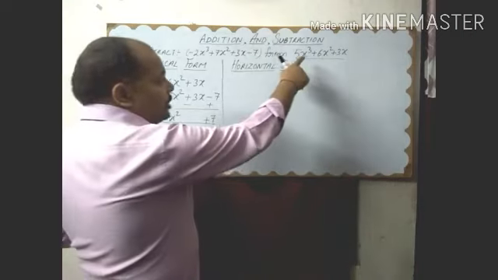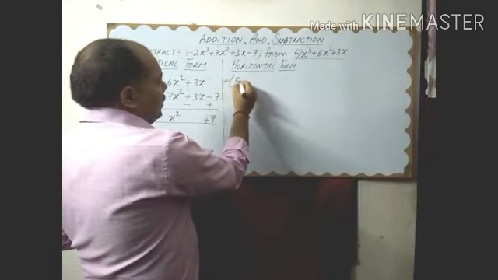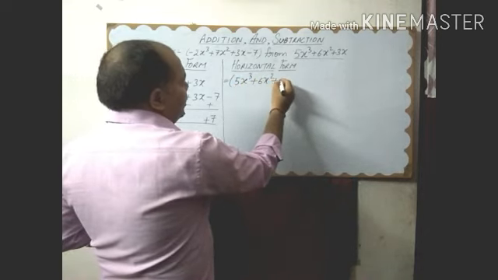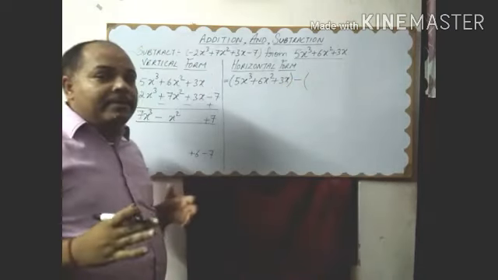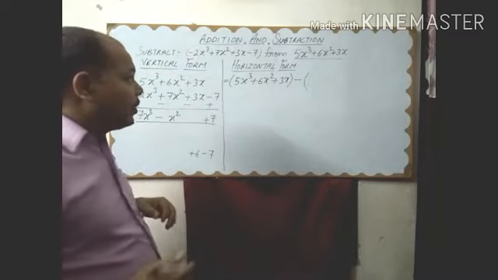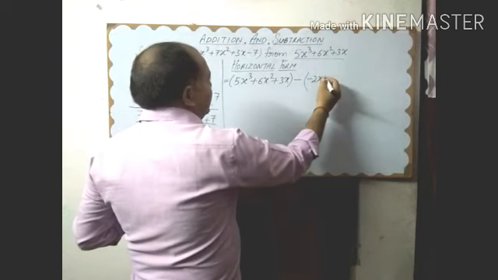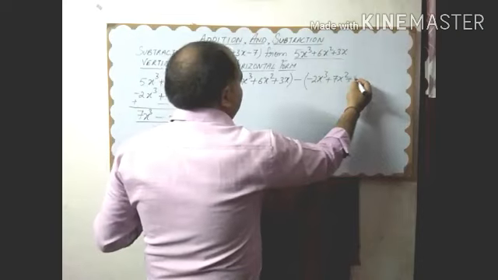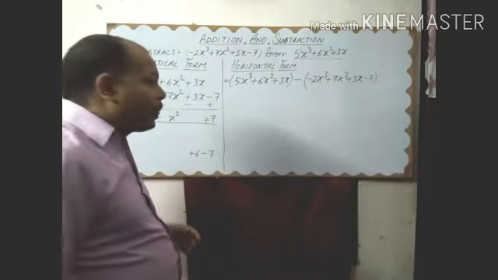In horizontal form, first we write this polynomial in the bracket: 5x cube plus 6x square plus 3x. Now we will write down here a negative sign, minus sign, because we are going to do the subtraction process. So now write down this polynomial: minus 2x cube plus 7x square plus 3x minus 7. Clear?